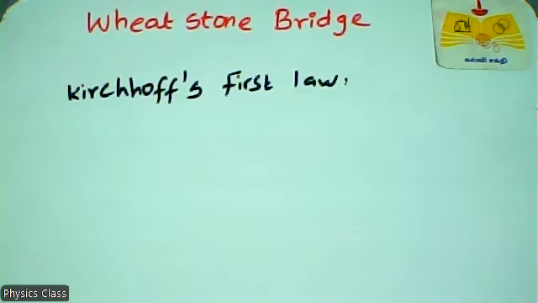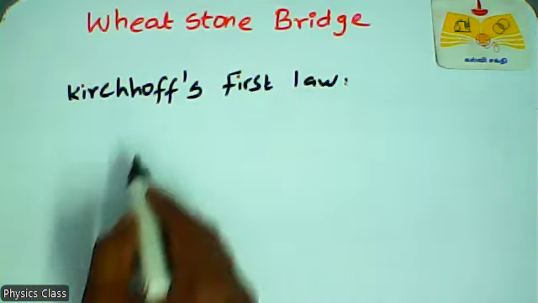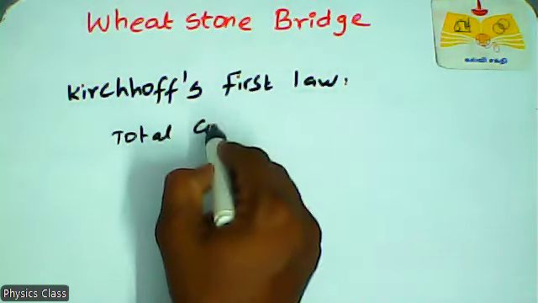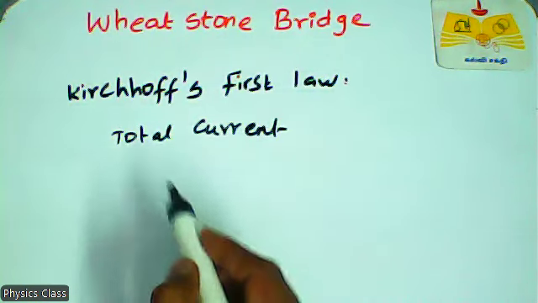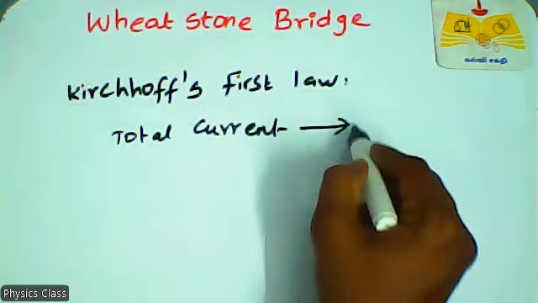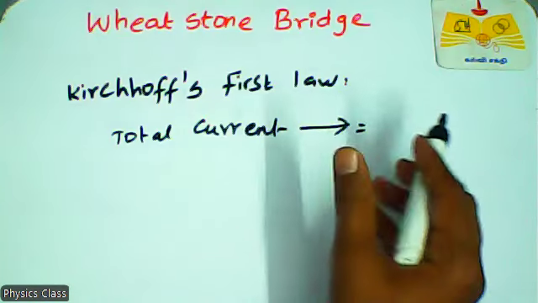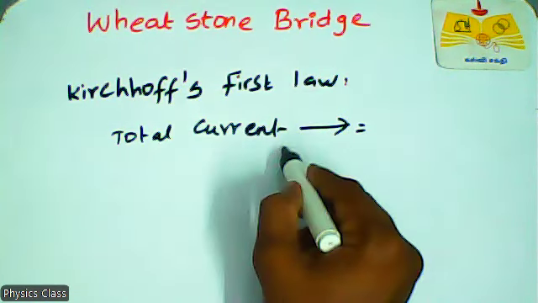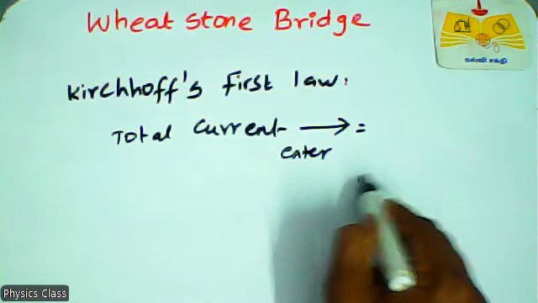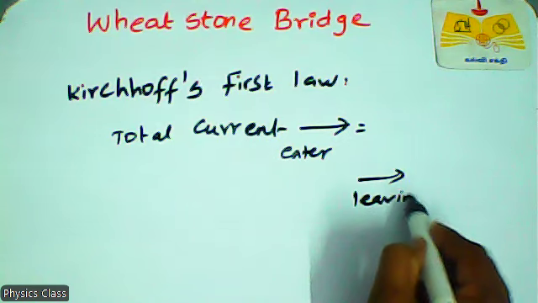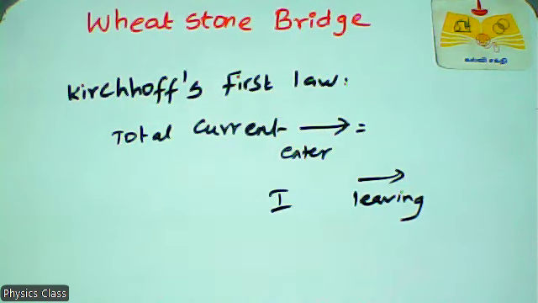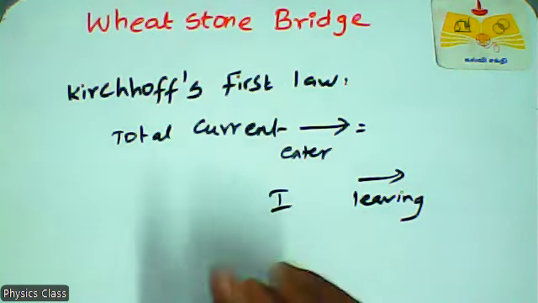It states that the total current entering the junction must equal the total current leaving the junction.